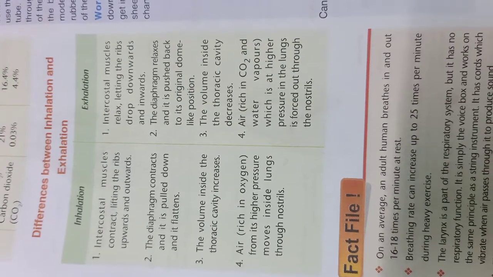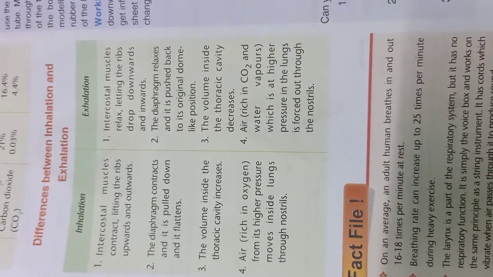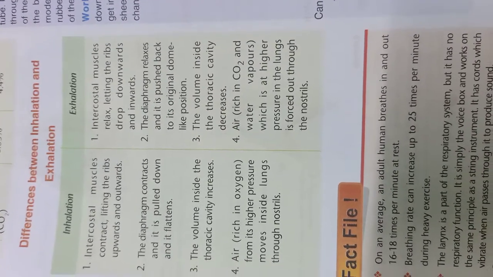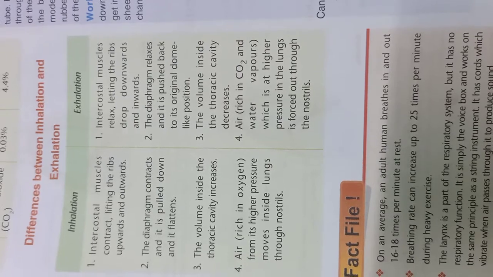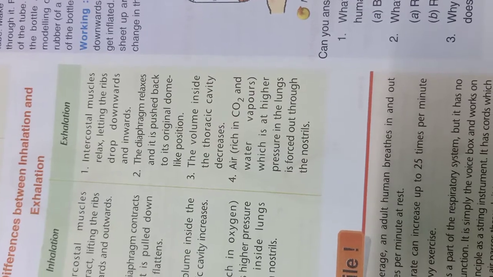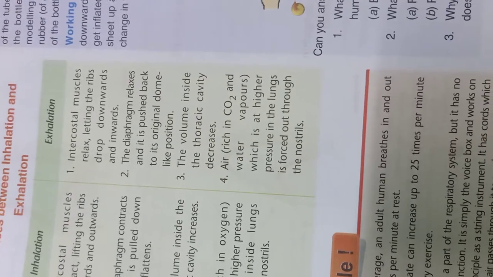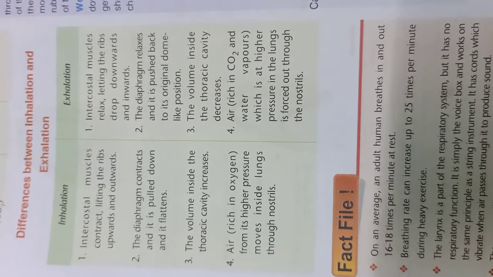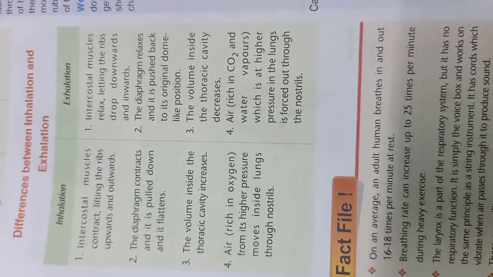We breathe through the nostrils, and this air reaches our lungs with high pressure during the inhalation process. Then in the exhalation process, the air, which is rich in carbon dioxide and water vapors, at higher pressure in the lungs, is forced out through the nostrils. So this is the difference between inhalation and exhalation, and you have to learn it, and it is important also.